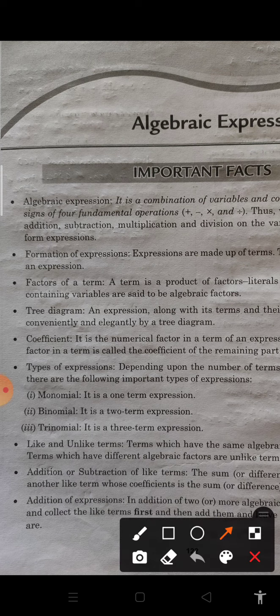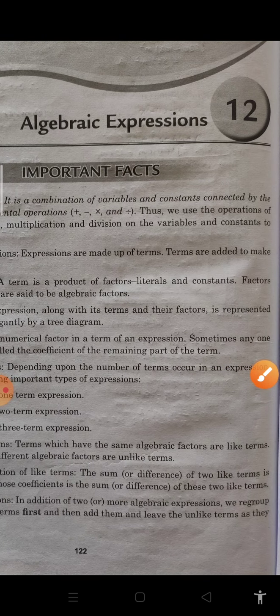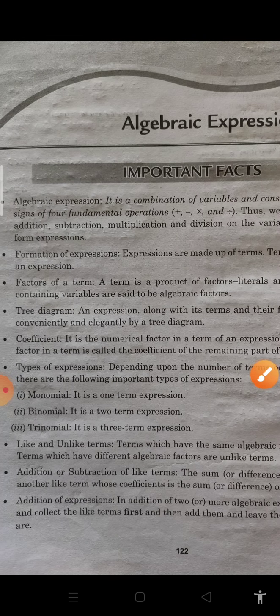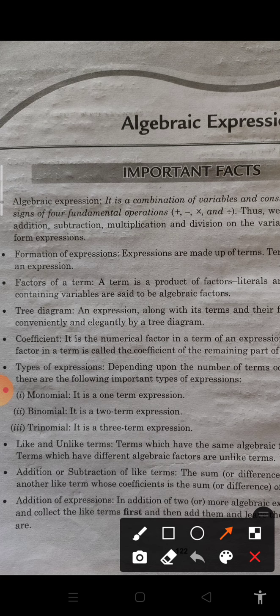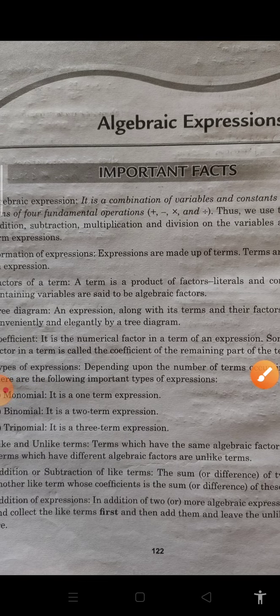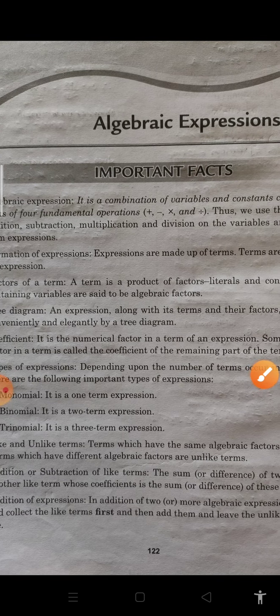The coefficient is the numerical factor in a term of an expression. Sometimes any one factor in a term is called the coefficient of the remaining part of the term.